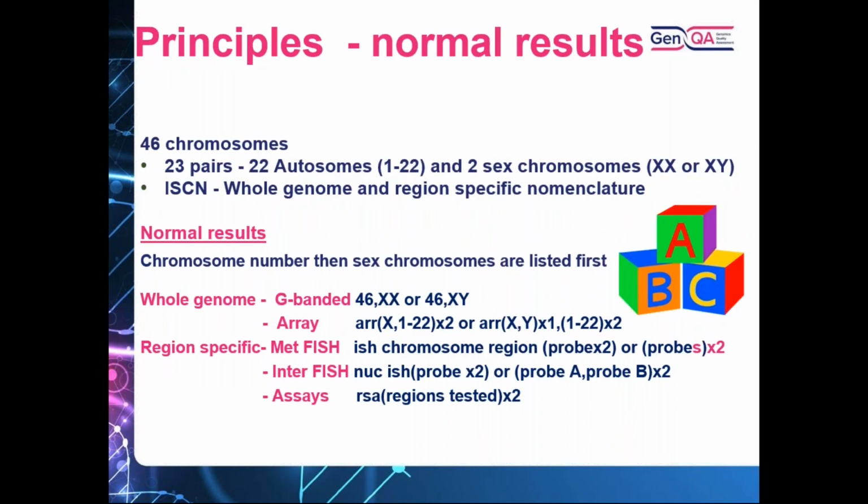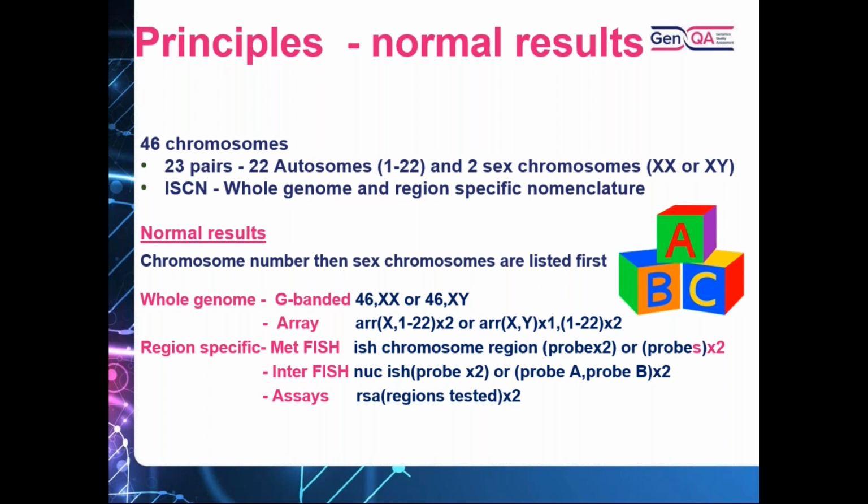So the principles. For normal results where you've got chromosomes, you'd expect to see 46 chromosomes, 23 pairs: 22 autosomes, chromosomes 1 to 22, and 2 sex chromosomes, XX if you're female and XY if you're male. ISCN covers both whole genome and region-specific nomenclature, and so it has to vary according to the technique to a certain extent.